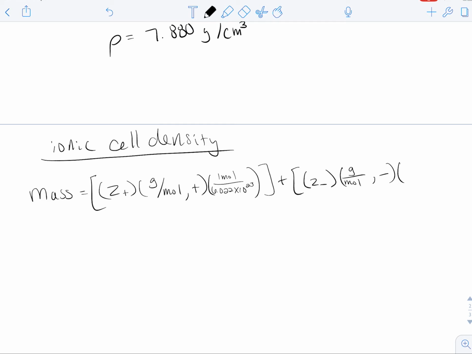And again, Avogadro's number. And then we'll divide all that by A cubed.